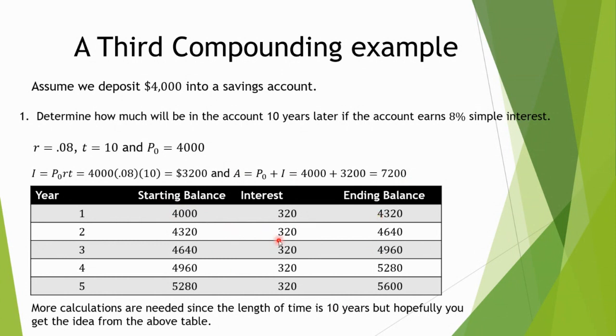The interest doesn't change because it's simple interest. So the ending balance here becomes this, and so on. I only did the first 5. I just threw this in here. I thought it would help. I don't know everyone's math background, so I try to be cautious.